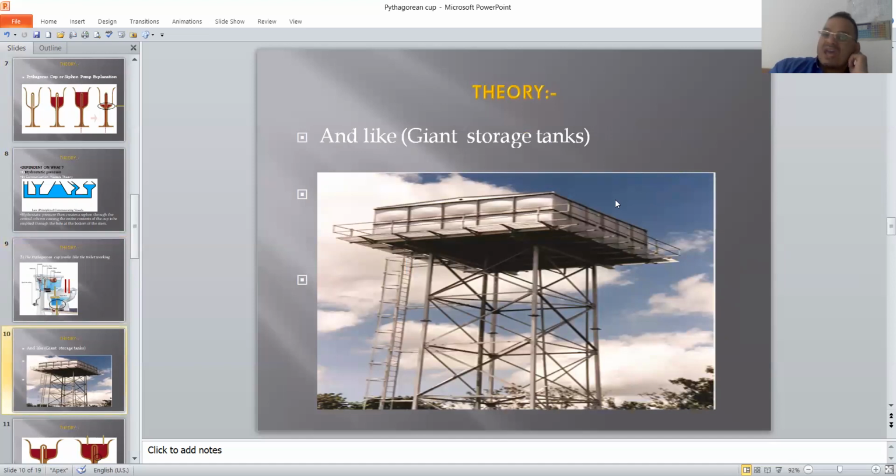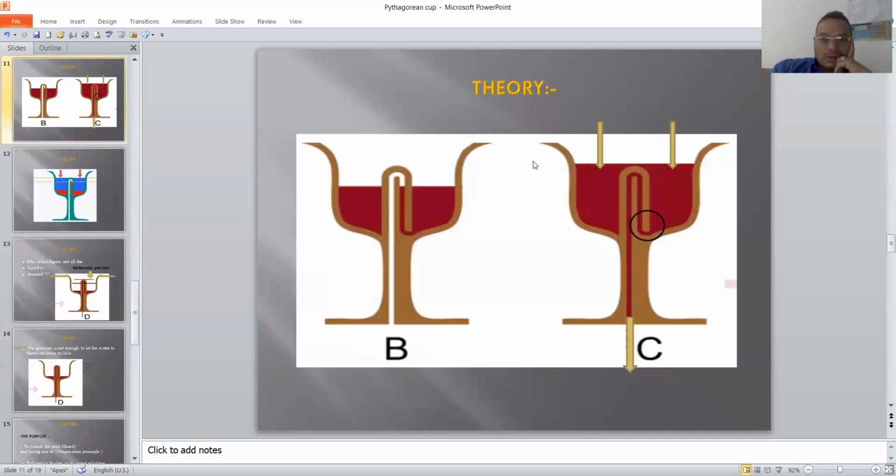And we can say the same about giant storage tanks, because giant storage tanks depend on the same thing, the hydrostatic pressure, and by this phenomenon we save money and avoid spending more electric power.